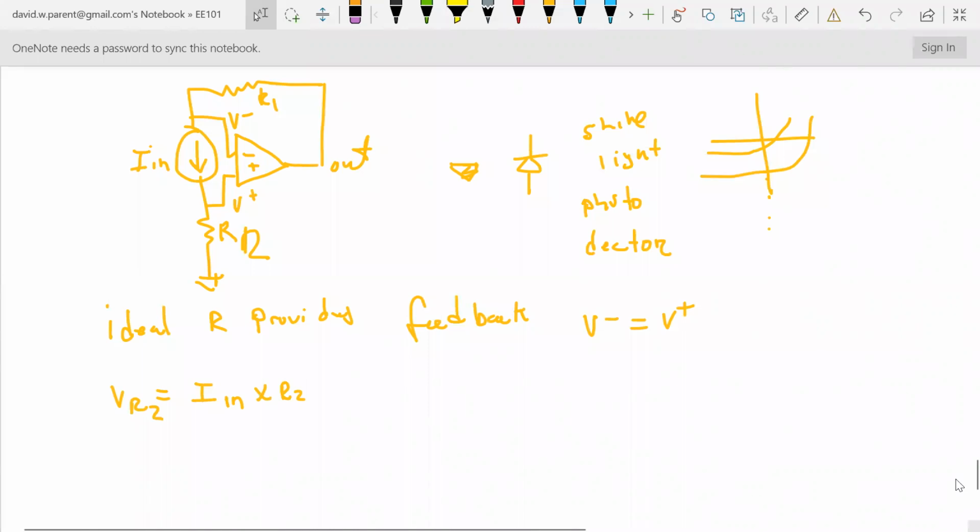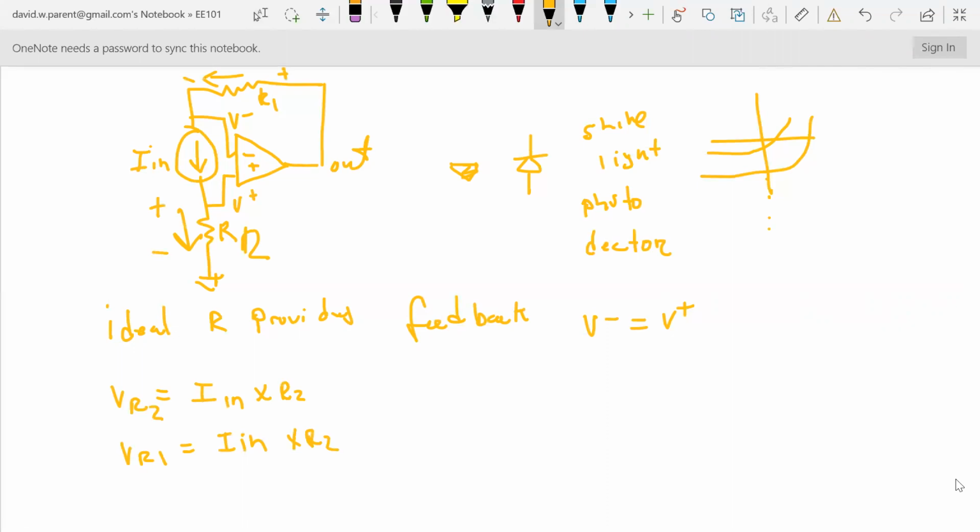It can't go that way. And VR1 equals IN, right? Because this is current's going this way, and I'm defining it like that. The current would be going this way, and I'm defining that drop like that. And so VR1 equals IN times R1.